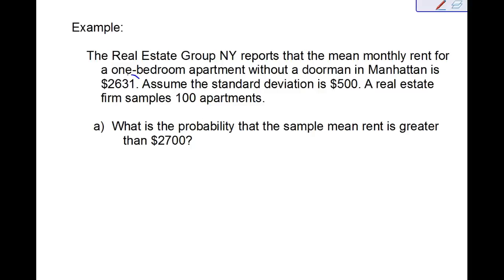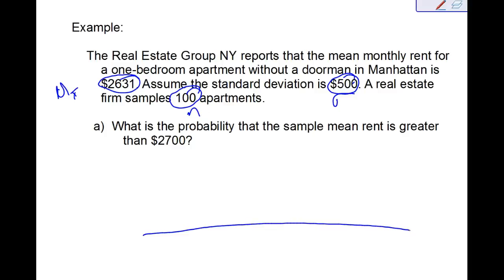So right off the bat, we know this is our mean, this is our population standard deviation, and we have a sample of n. What is the probability that the sample mean rent is greater than $2,700? Now we're not talking about just one; we've taken a sample of 100.